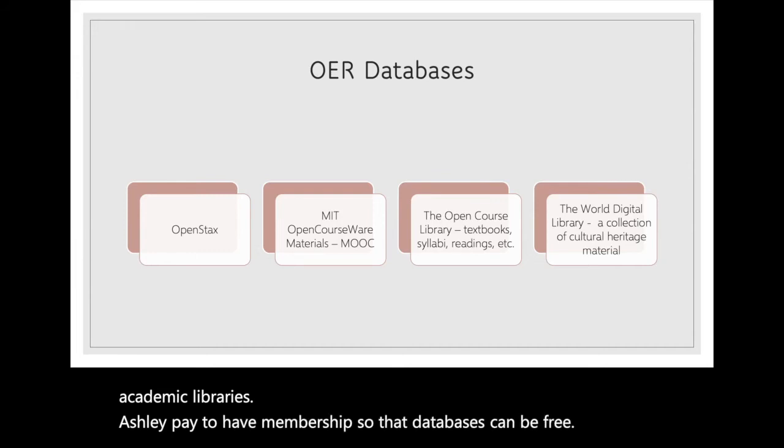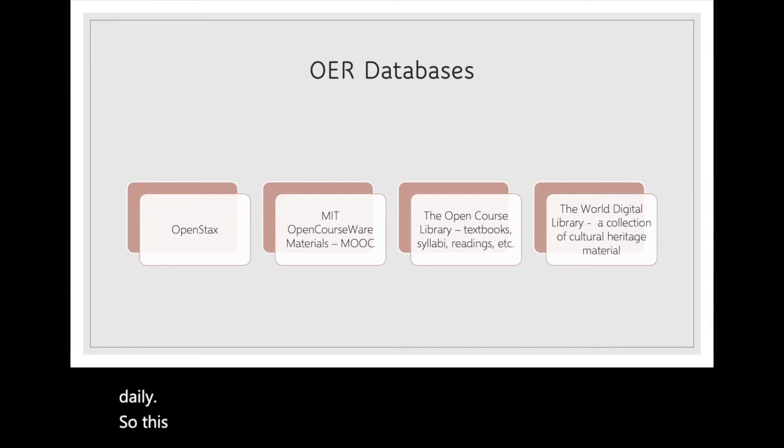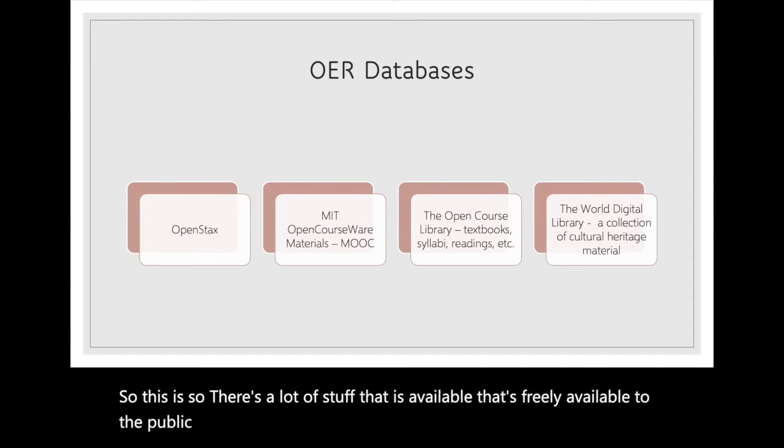And again, that database expands yearly, so more content gets added actually daily. So there's a lot of stuff that is freely available to the public that you can use.